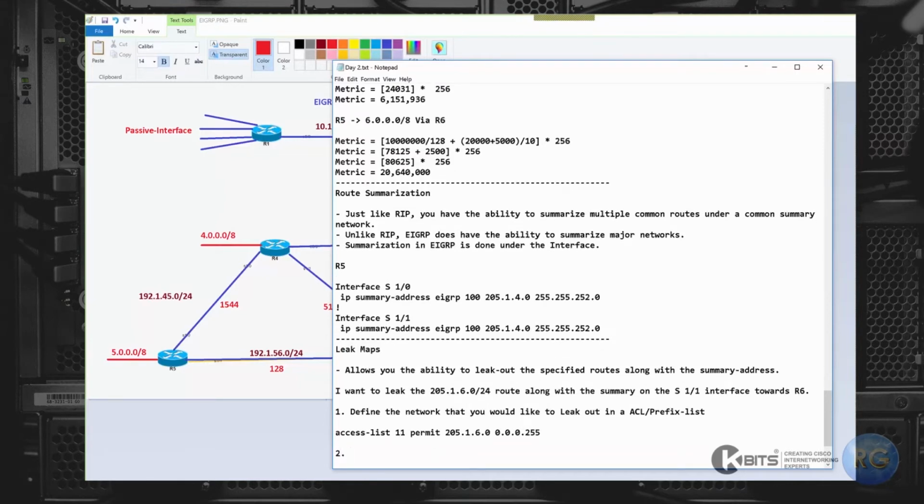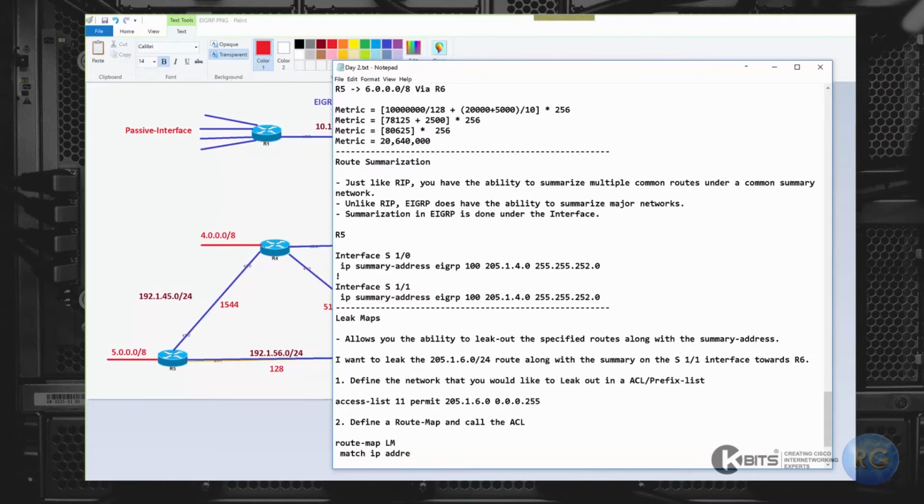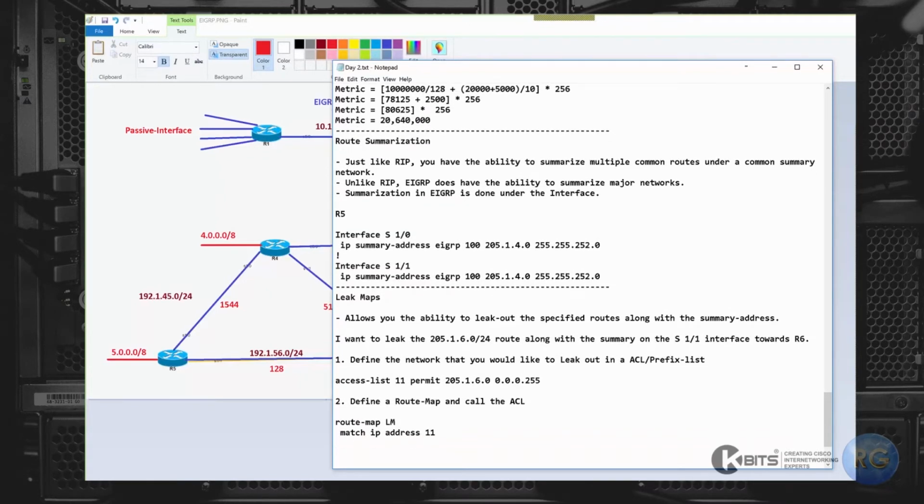Step 2, define a route map and call the ACL. Route-map, whatever you want to call it. I'll call it LM, just a name. Match IP address. I'm not taking any action. I'm just calling the ACL over there. Good.